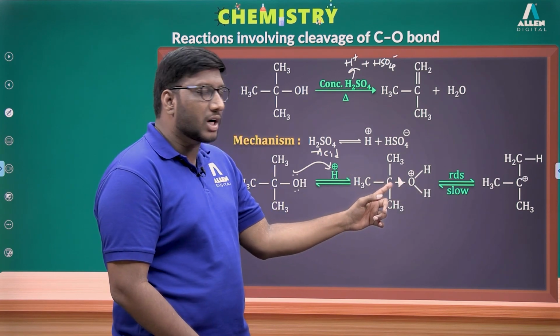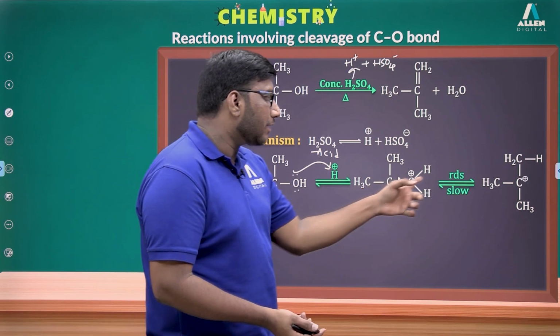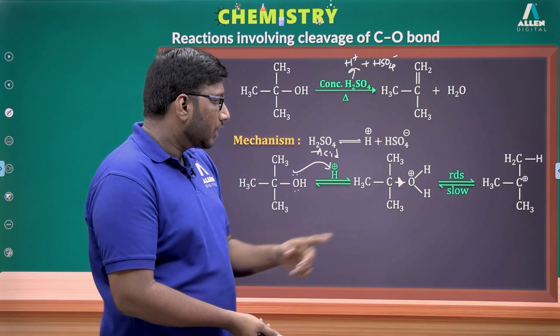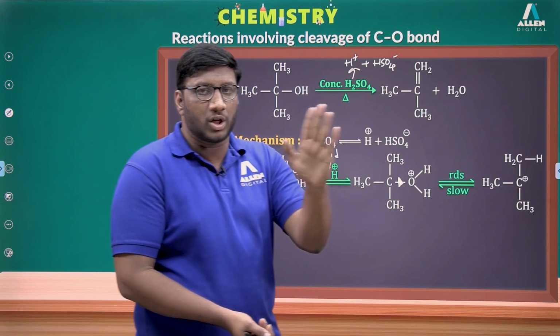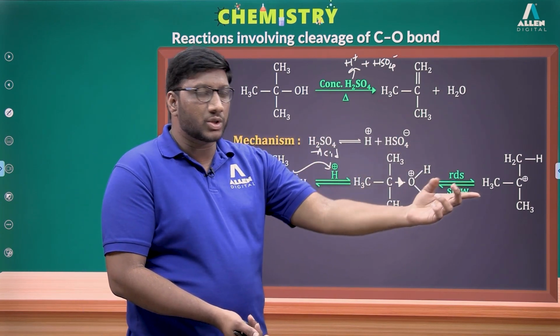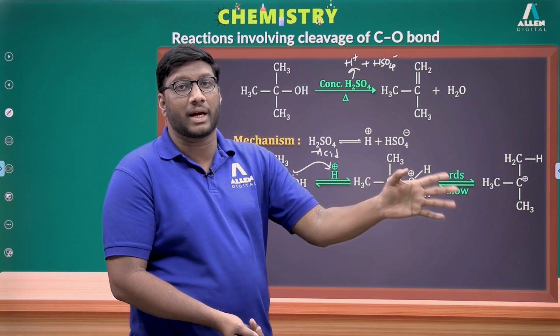So what happens to the carbon? It has to develop a positive charge. But will it happen fast or at a slow rate? If you look at this particular cleavage, the carbon-oxygen bond has to be lost and we are getting water. Because a bond is cleaved, the reaction will happen in this path in a slow way.